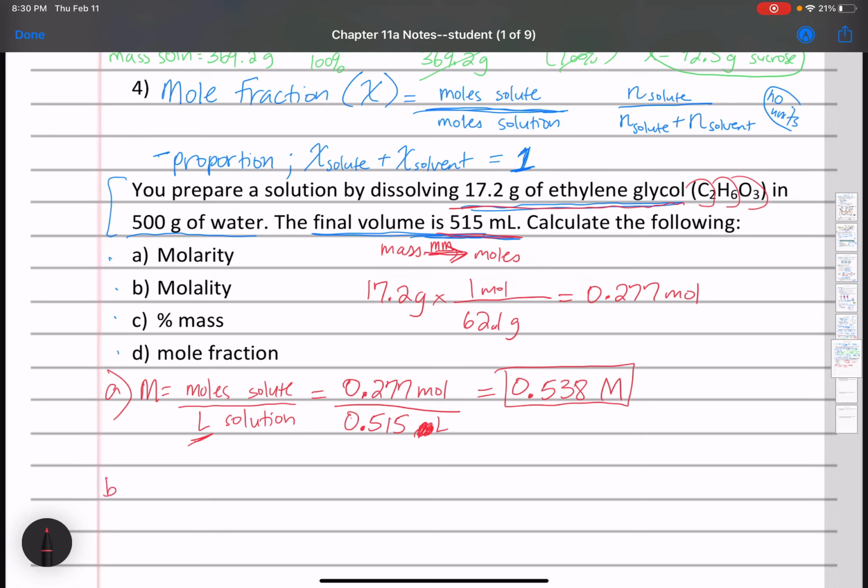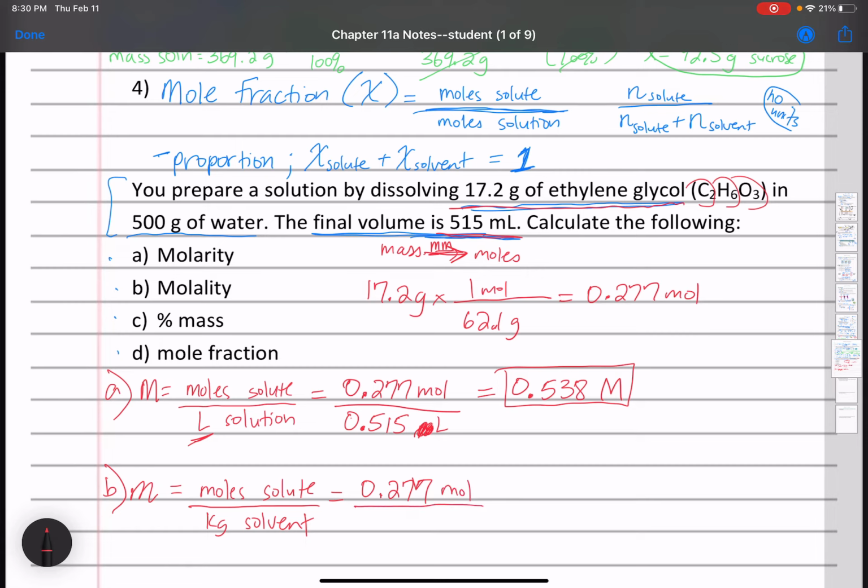Now for part B, the molality is that lower italic letter m, and it also deals with moles of solute, but this time it's over kilograms of solvent, not solution, but solvent. So I know the moles of solute. I just calculated that already, 0.277 moles. Kilograms of solvent.